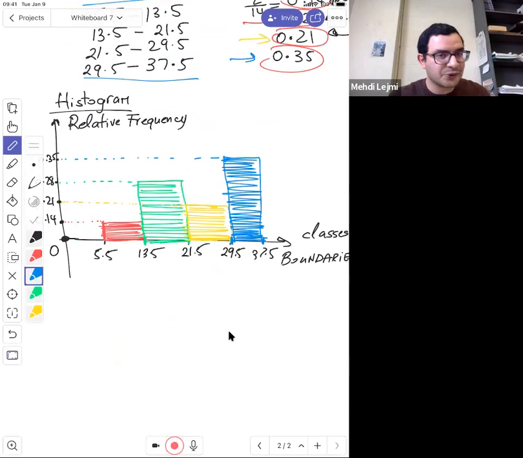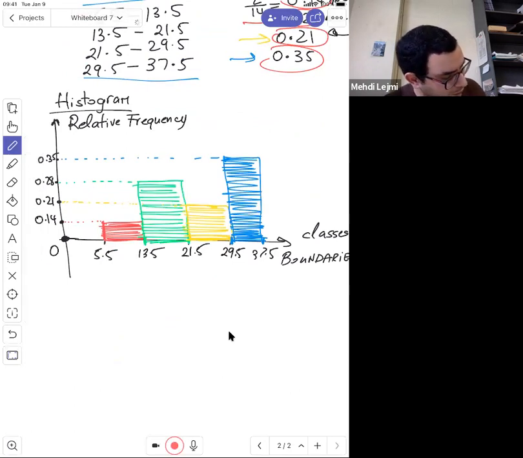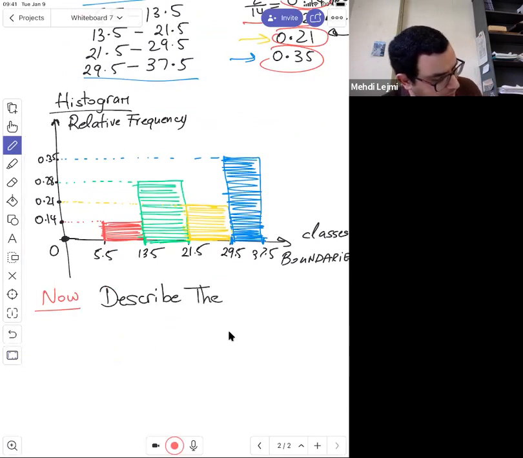So we're gonna try to describe the shape of the histogram, and the shape is gonna tell you some information about the data values. So now we're gonna describe the shape of the histogram.